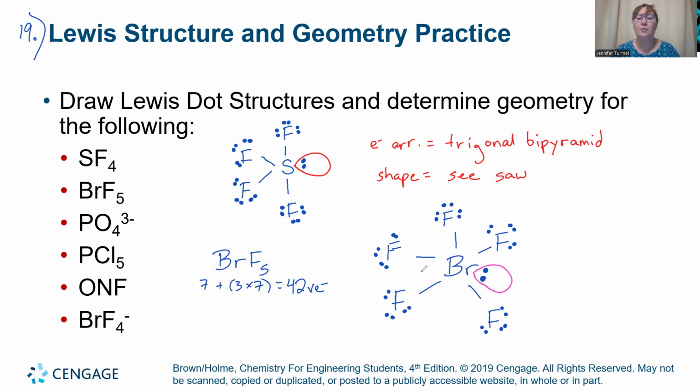So now I've got 1, 2, 3, 4, 5, 6 things on my bromine, which means that my electron arrangement is going to be octahedral. And my shape is going to form what's called a square pyramid. And you can see the shape there on the previous slide.